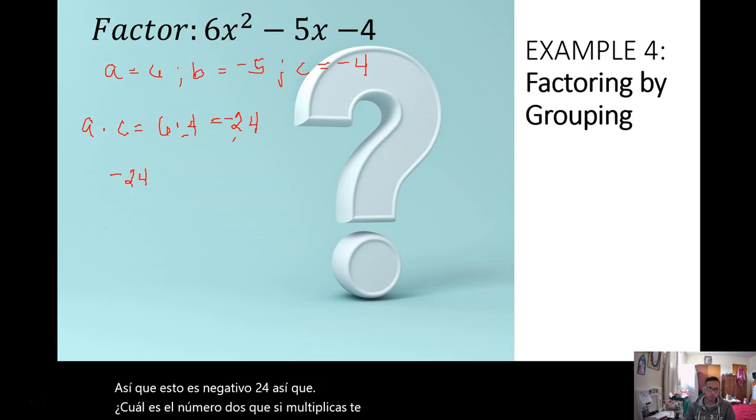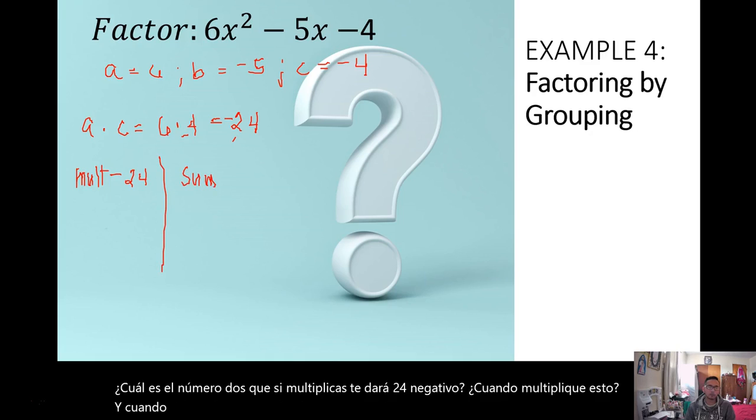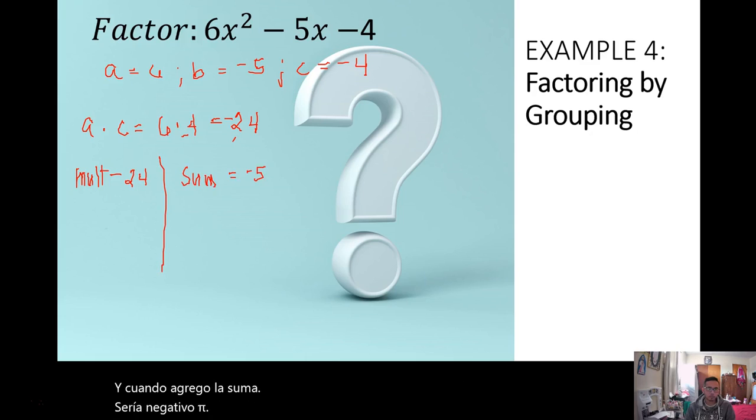When I multiply these, and when I add, the sum would be -5. Okay, think of that. I'll repeat.